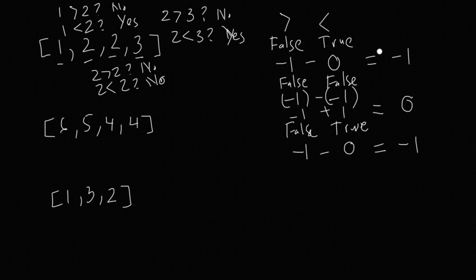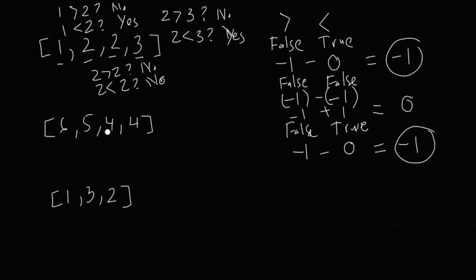So we see a consistent stream of comparison. In this case, if we see -1, -1, the consistency in the comparison, that means that this array is monotone increasing.